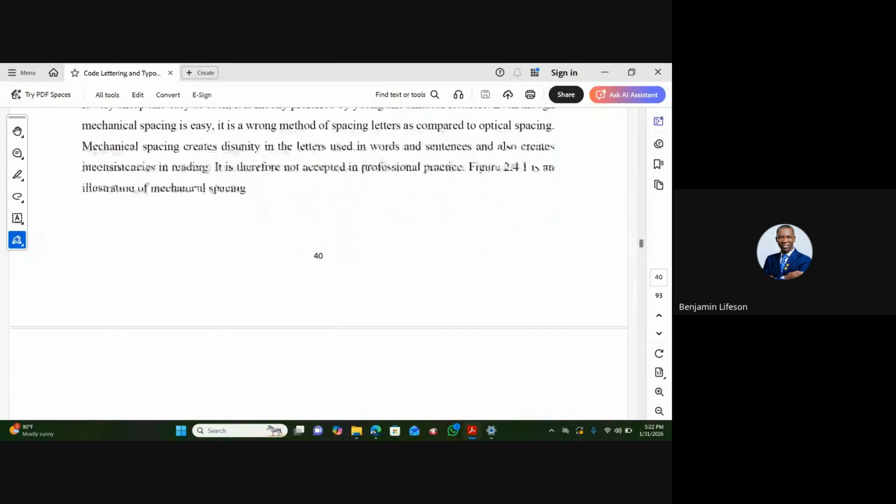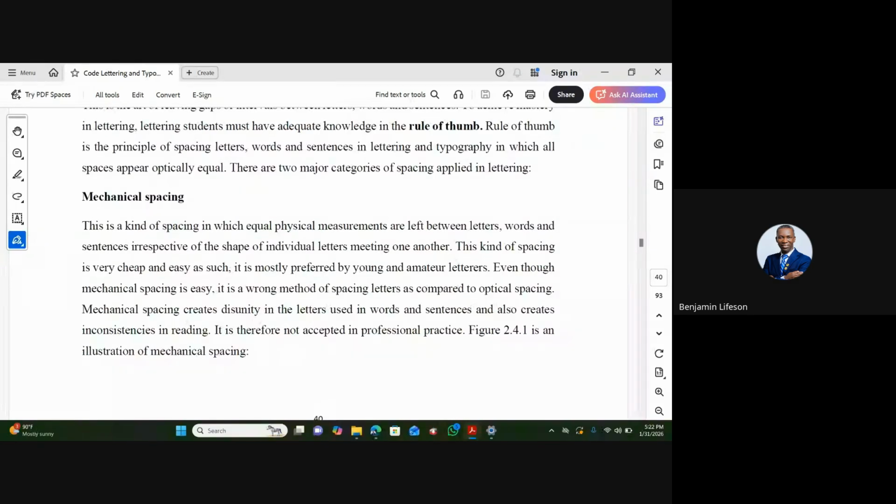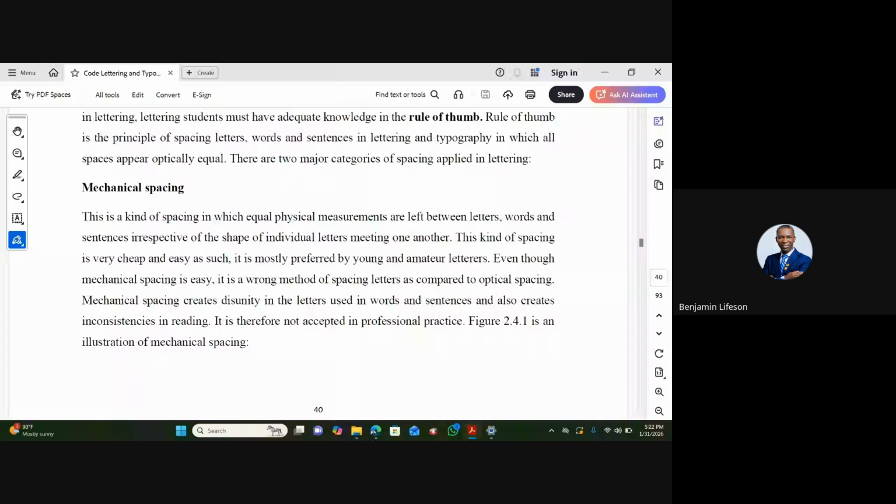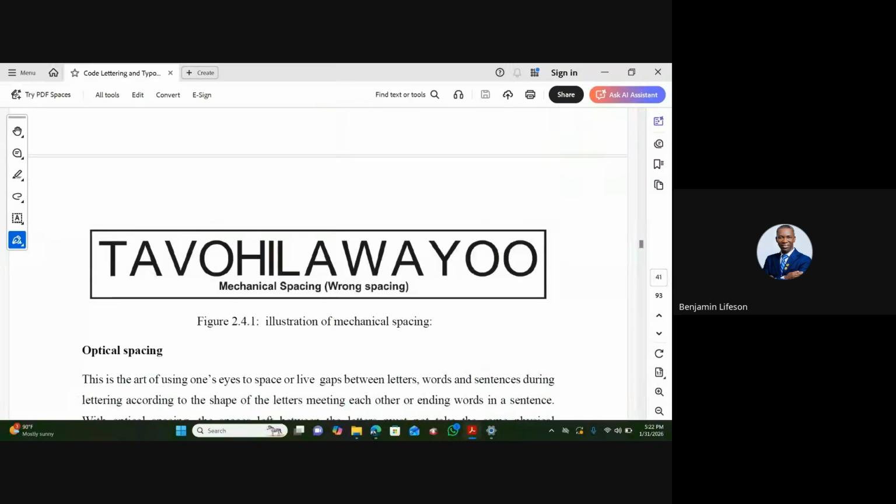Great. So mechanical spacing, we said, is for amateur. No matter the nature of the letters, the intervals are the same. So from letter T to A, the space is the same. A to V, same.